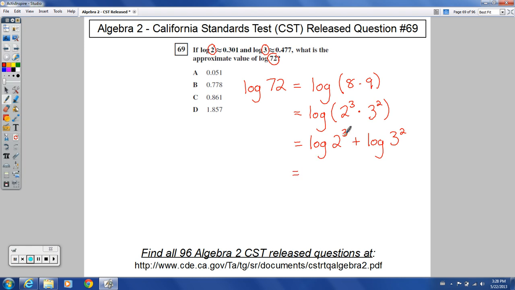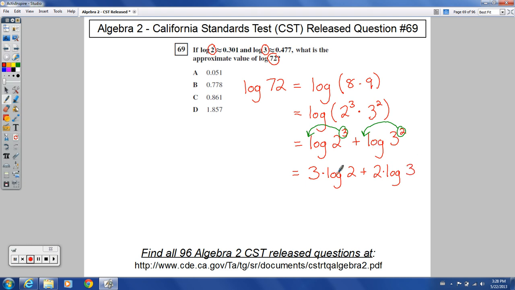And then one other law of logarithms said that if we have powers, we can put the powers and multiply it on the outside of the log part there. And so we're going to have this as 3 times log 2 plus 2 times log 3.